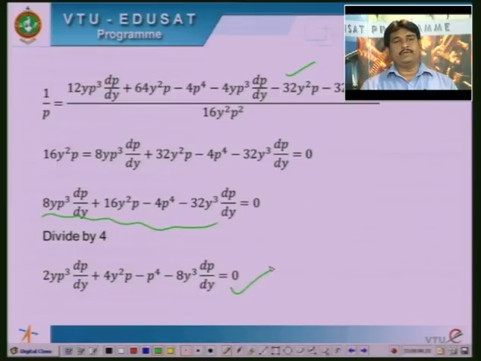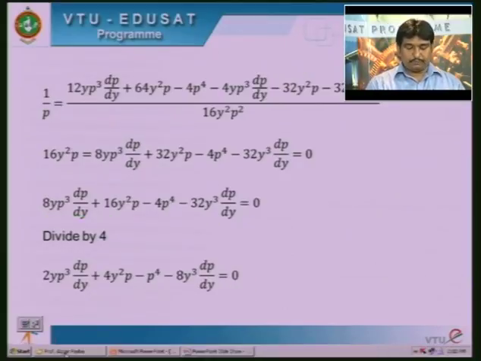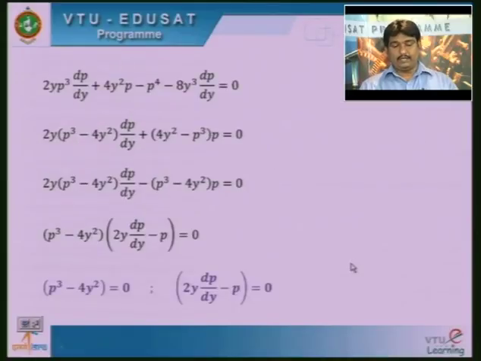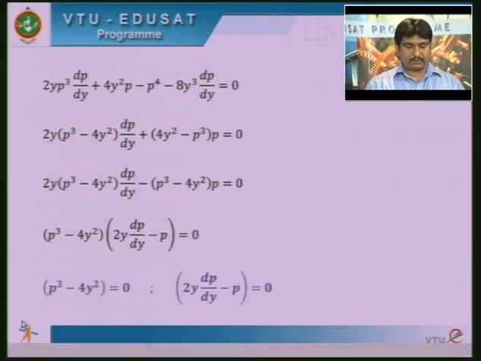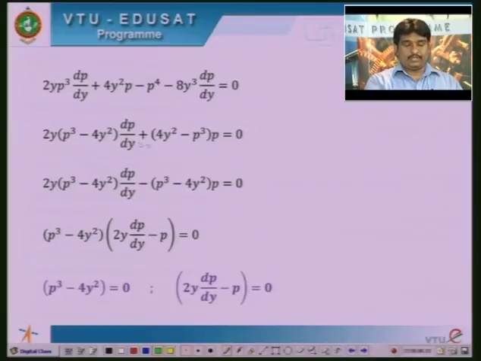2yp cube into dp by dy plus 4y square p minus p to the power of 4 minus 8y cube dp by dy equals 0. Now you have to collect dp by dy terms. After multiplication and simplifying, you collect the dp by dy terms here.